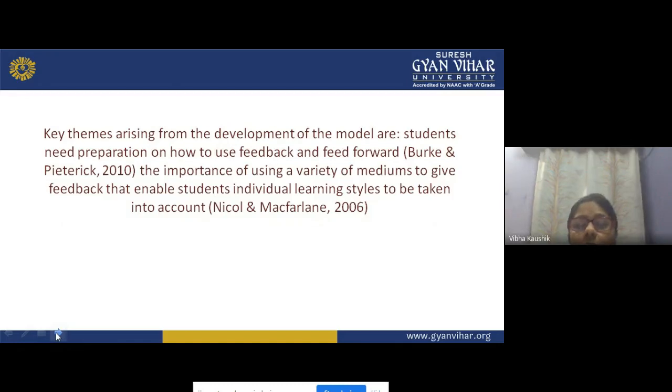The importance of using a variety of mediums to give feedback enables students' individual learning styles to be taken into account. There should be an improvement in using various mediums of feedback that will help the students' individual learning styles to be taken into account.